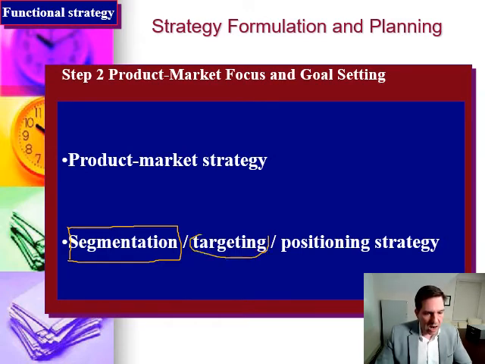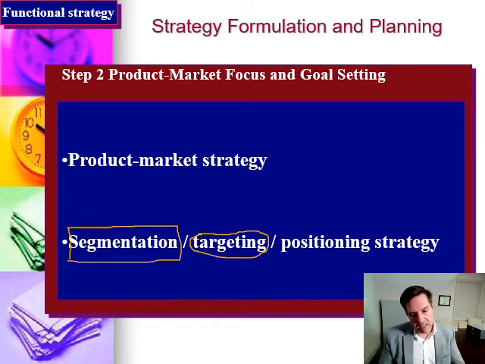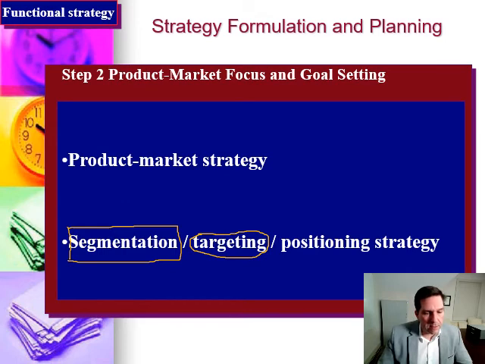Which ones are more attractive for us, either because they buy more of the product, or because what they are interested in aligns better with the strengths that we have as a firm. Maybe we have a brand that already has a certain positioning in the marketplace, and it's consistent with what this particular segment is interested in, right? And then you're going to try to create a positioning strategy around this target segment, right?